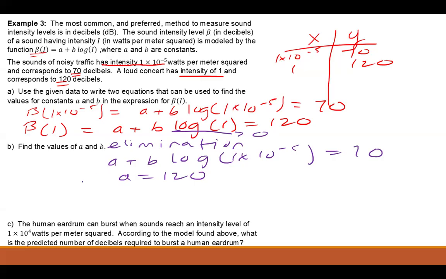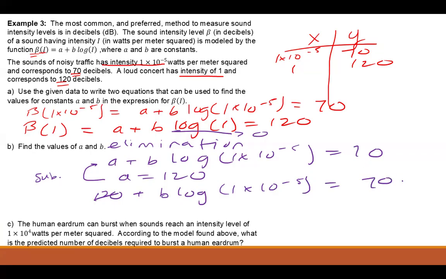So I've eliminated the b, which now just simply leads me to substitution. Now that I have substitution, I know the value of a. Can I solve for the value of b? So we have 120 plus b log of 1 times 10 to the negative 5 equals 70.